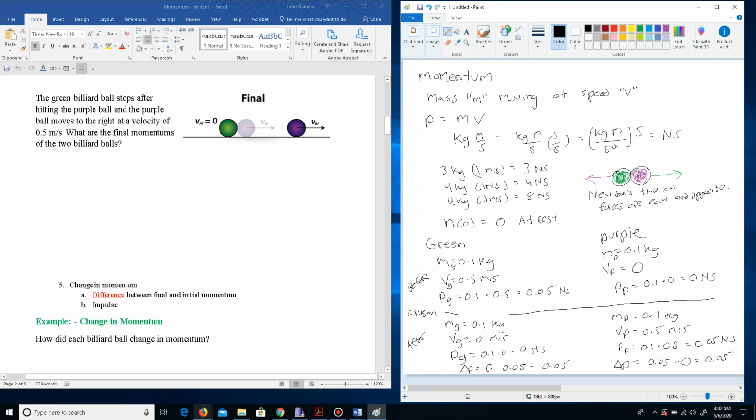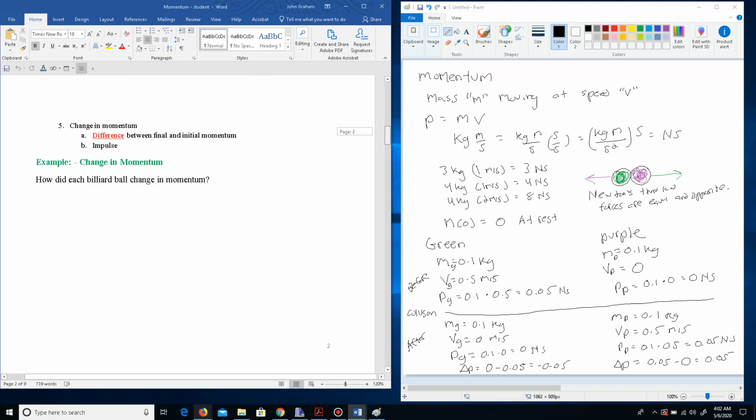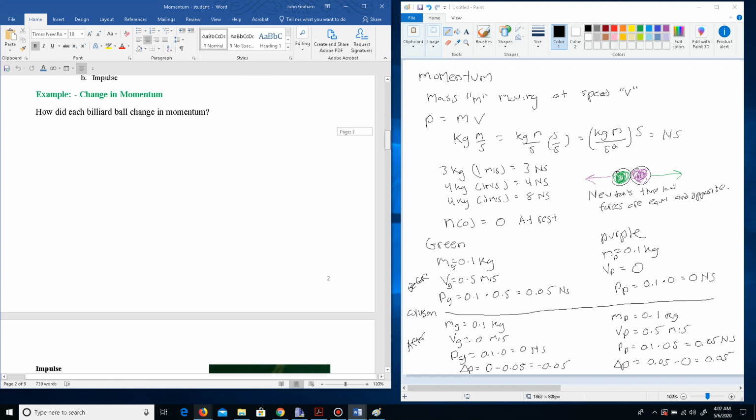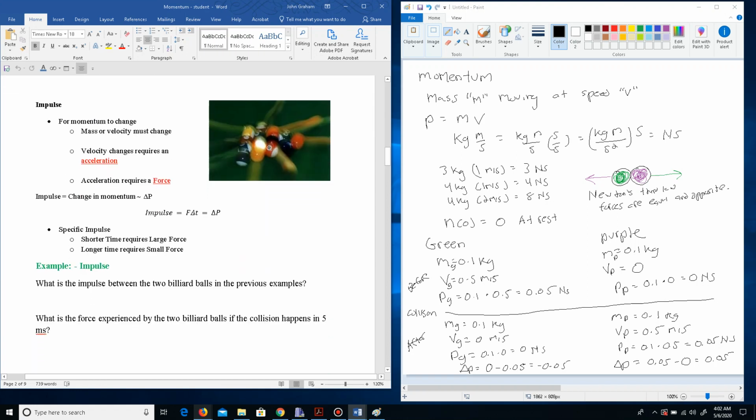Well, that'll be the next thing we get into, is that change in momentum is also called an impulse. And that impulse deals with force. So if you have a momentum change, that means you either have the mass or the velocity changing. If the velocity is changing, it requires an acceleration.